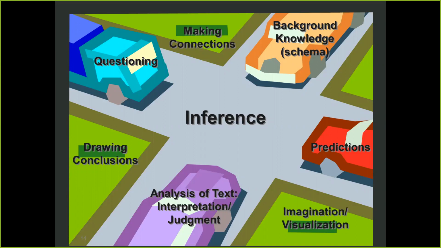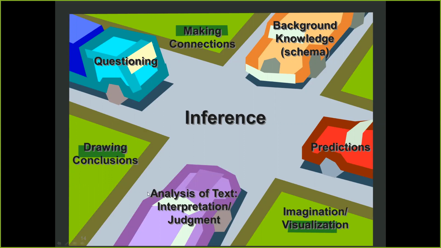Because that background knowledge can help us make connections. It can have us make predictions. Think about the fact that from that background knowledge, if we're going to arrive at an inference, we do some questioning. And it's not just read the text and try to figure out those words, but all those other pieces that are in there. And I think another part of this, and maybe one that our students need some help with, is taking text and visualizing what it's saying.